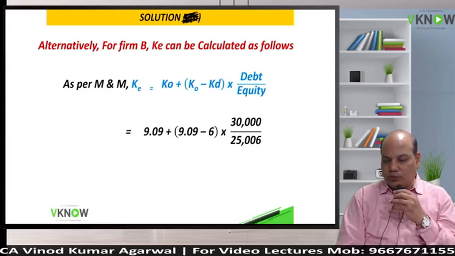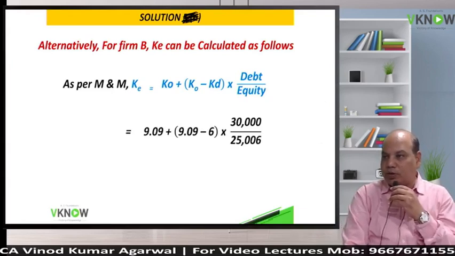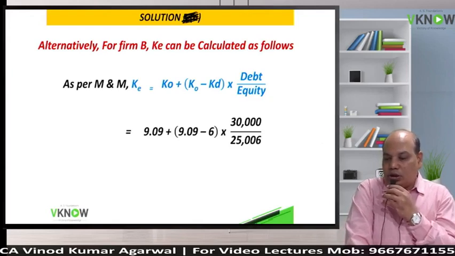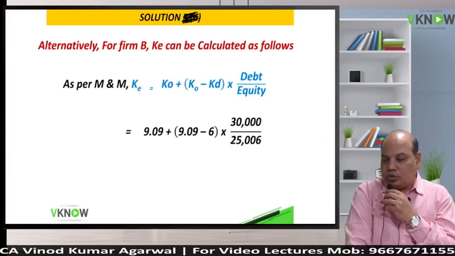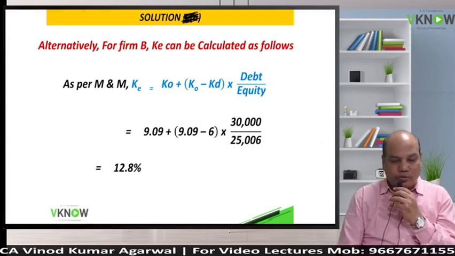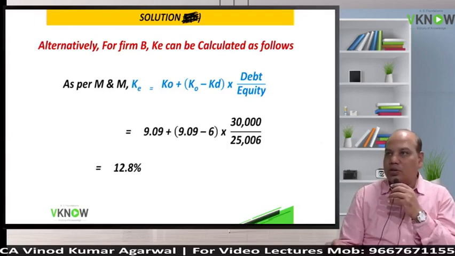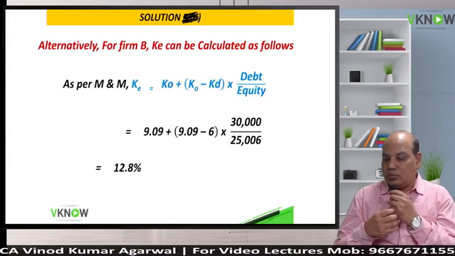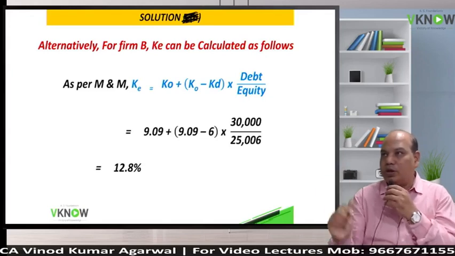So I'll give you the value, you will solve, keep the firm B in front of you in your answer. KO 9.09. What is the cost of debt in this problem? Cost of debt in percentage. How much is the rate of interest in this problem?